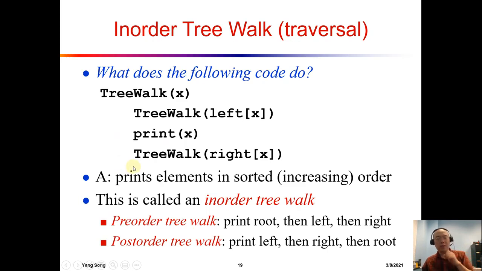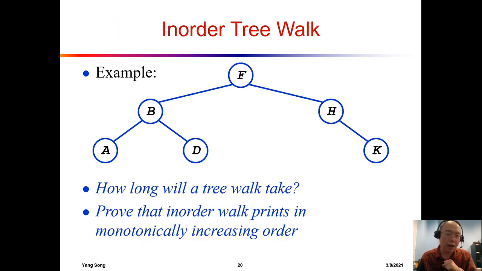Okay, so there are three different ways: in-order, which puts the line visiting the root in the middle; pre-order, which uses this line at the very beginning; or post-order, which uses this line at the very end, after you have visited both the left subtree and the right subtree. Those are three different ways of doing tree walks.